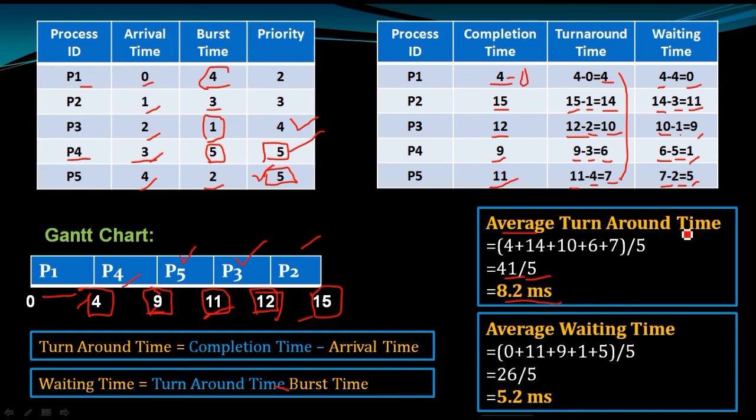Now coming to average waiting time: 0, 11, 9, 1, 5, divided by 5. So 26 divided by 5 is 5.2 milliseconds. This is how we can calculate the non-preemptive priority scheduling algorithm.